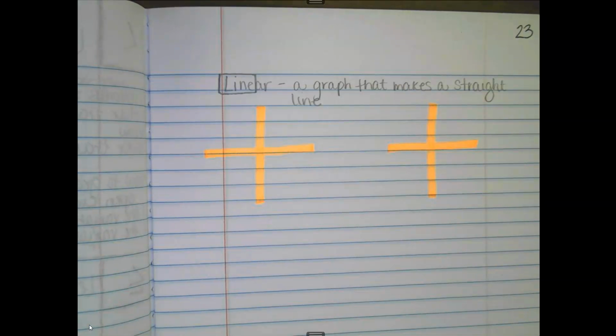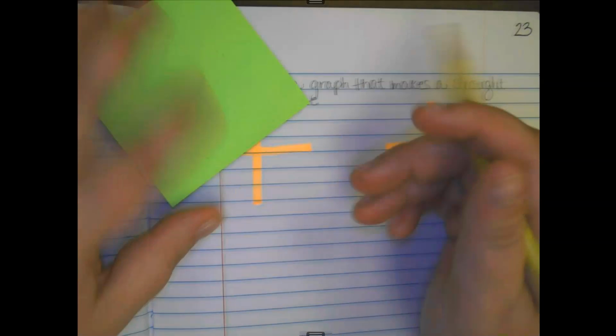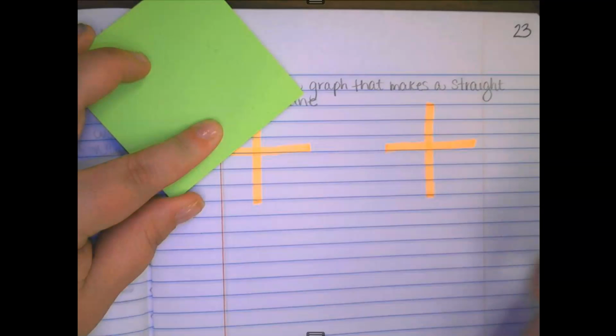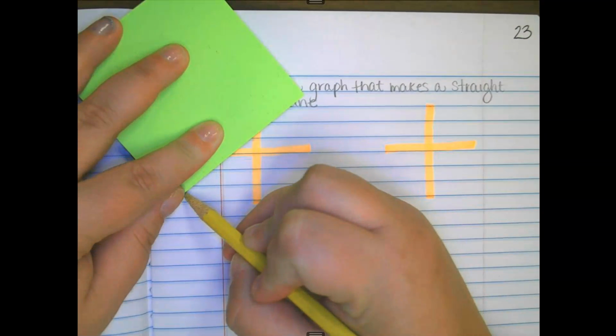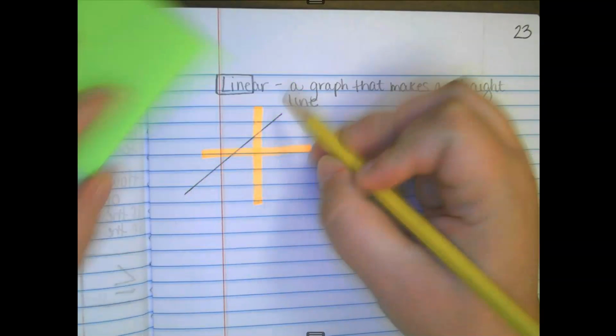So the first thing we're going to do is we're going to draw something that is linear. Now you can use a ruler for this or edge of a paper or whatever. I got a stack of Post-it notes, and I'm going to draw a straight line.